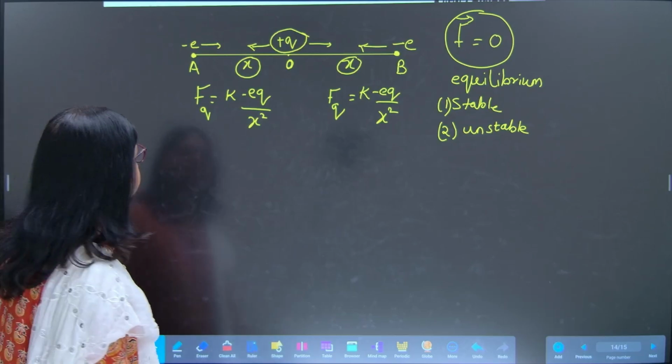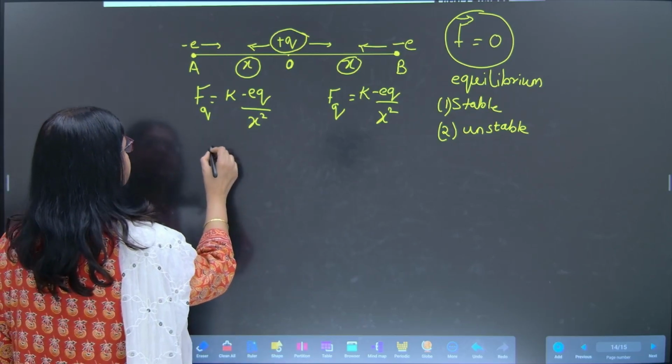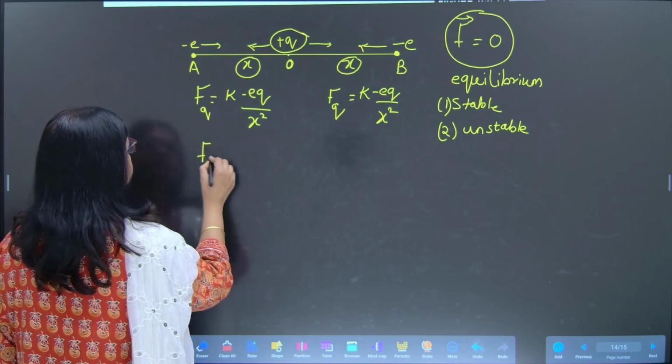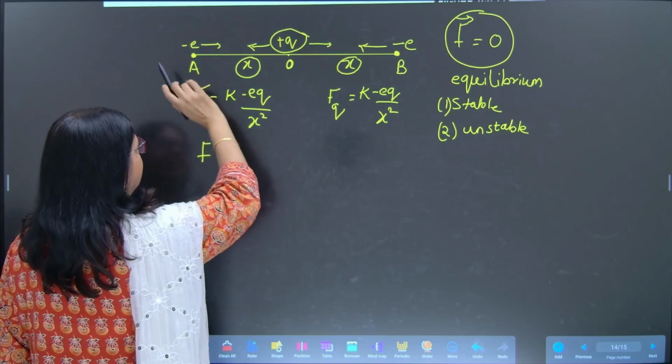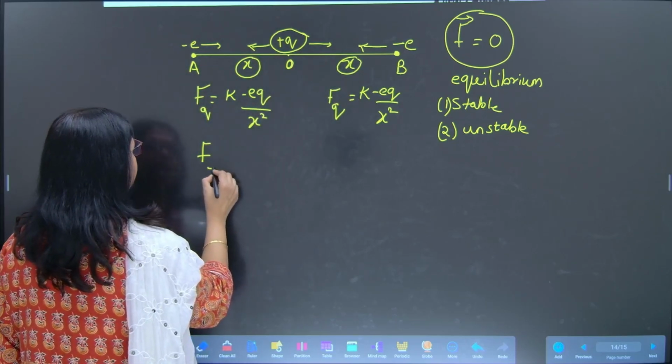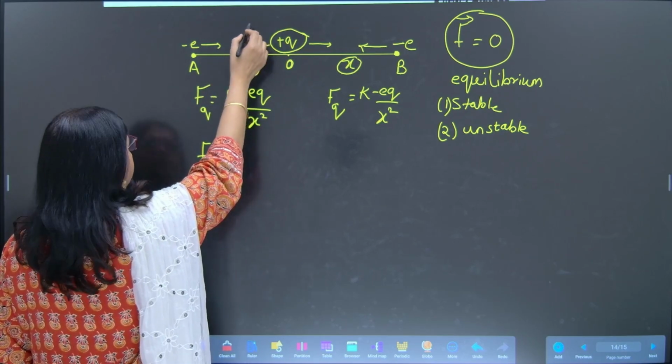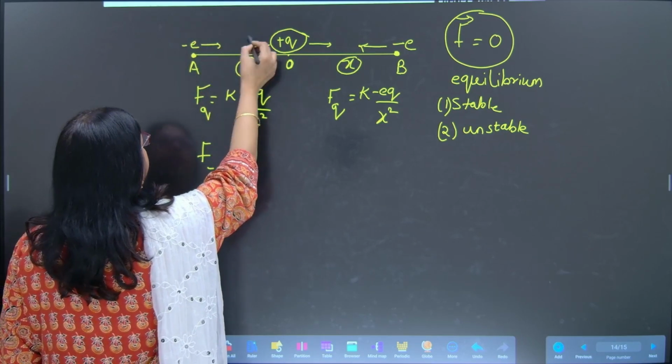Now let us calculate the force at A or B, that is on the electron placed at A or B. So we denote it as F minus E, whether for A or for B. So now what is the force on the electron at A?